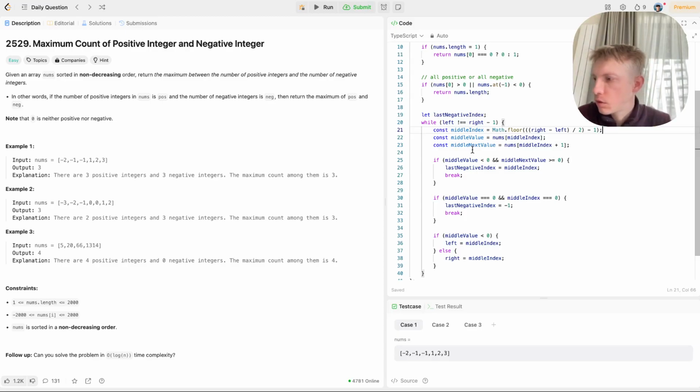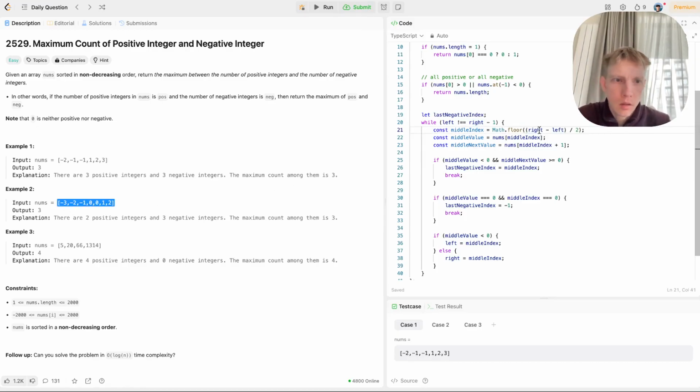How to make it sure? Left minus right minus left divided by 2. We should not decrement here. Right minus left.